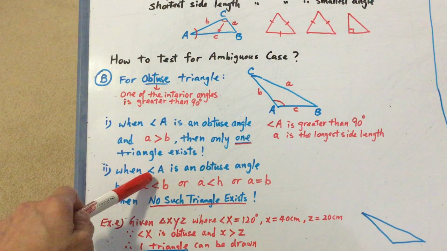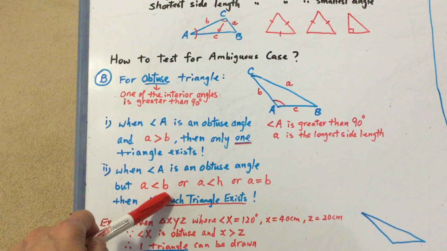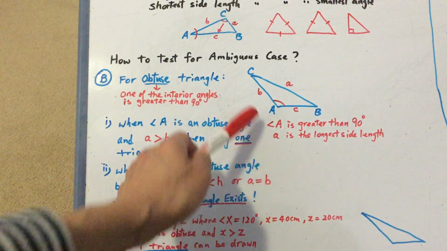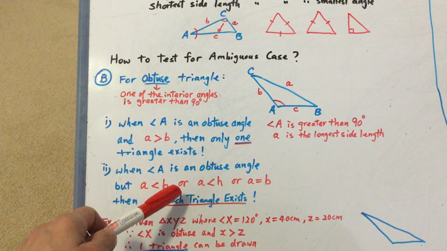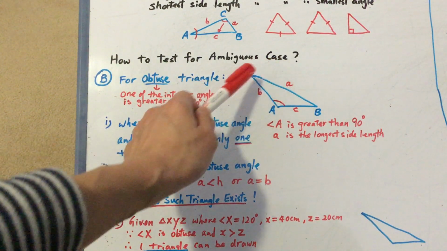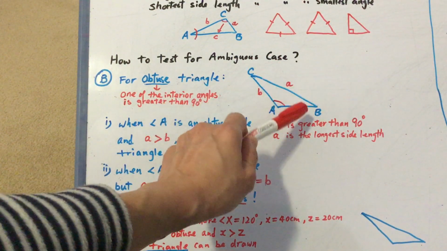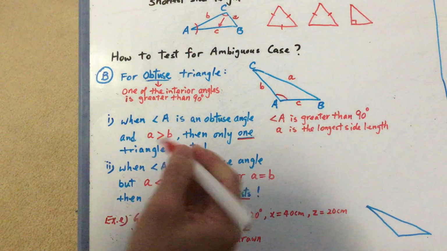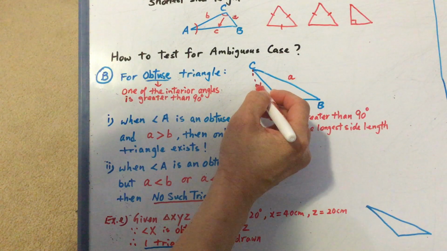However, if angle A is obtuse but A is less than B, or A is less than the height, or A is equal to length B, which is totally impossible, because if angle A is the obtuse angle, that means length A has to be the longest length. So it cannot be smaller than B, it cannot be smaller than C, or even smaller than the height. So where's the height of the obtuse triangle?